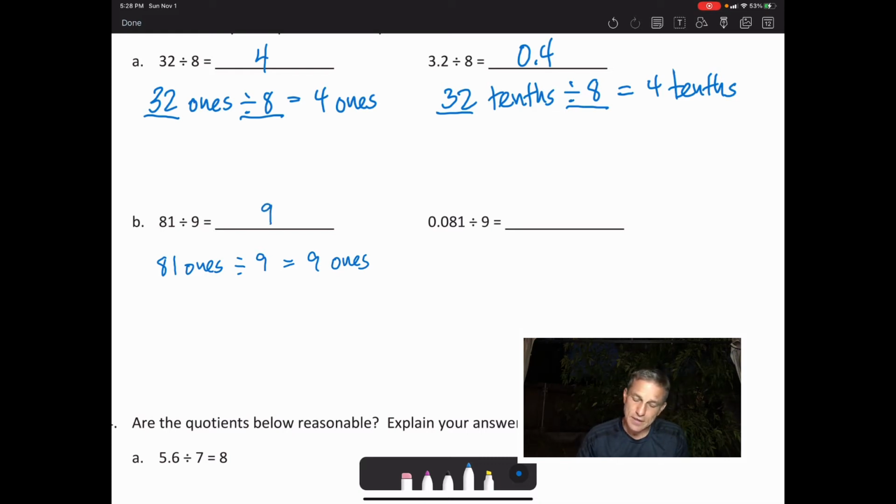And in the second example, instead of ones, we have 81 thousandths divided by 9 equals 9 thousandths. And to write that in standard form, we would write 9 thousandths.